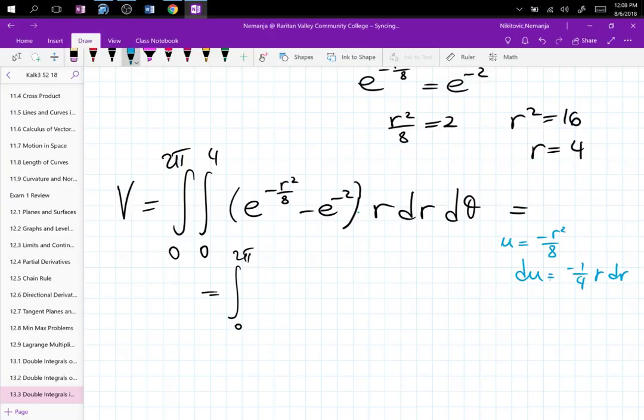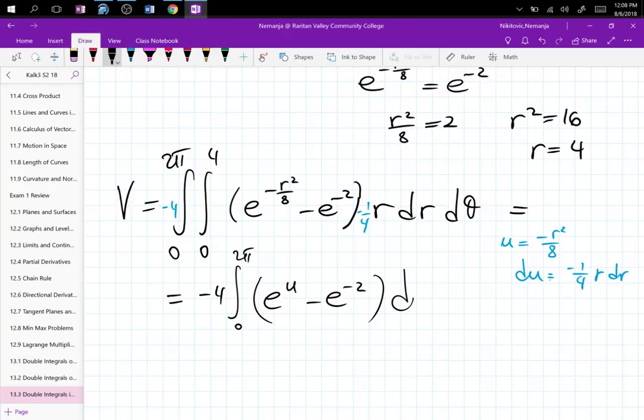If I put negative 1/4, I have to put negative 4 in front. So there should be a negative 4 in front. And then the inner integral becomes e to the u minus e to the negative 2 du. Oh, I forgot the integral. Oops. There we go. Du d theta.